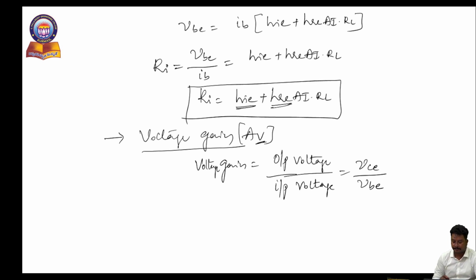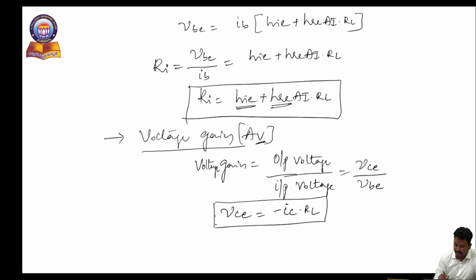As we know, VCE is equal to minus IC into RL.